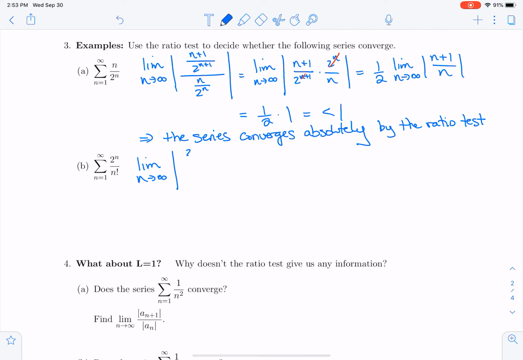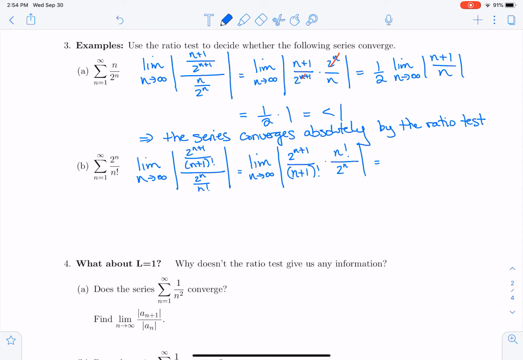In this case, it's going to be 2^(n+1) over (n+1)! divided by 2^n over n!. And again, in the denominator, we're going to want to instead multiply by the reciprocal. So we're going to get 2^(n+1) over (n+1)! times n! over 2^n.